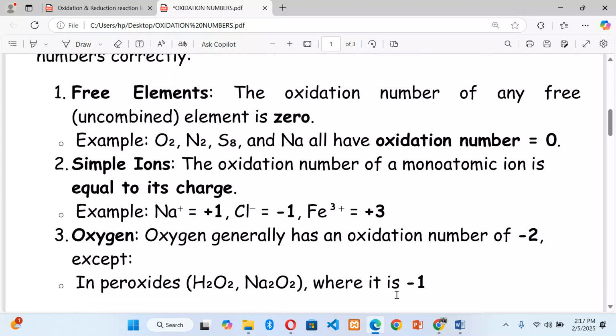Now, number 3: oxygen generally has an oxidation number of -2, except when it is in peroxides, like hydrogen peroxide or sodium peroxide, where it is -1.